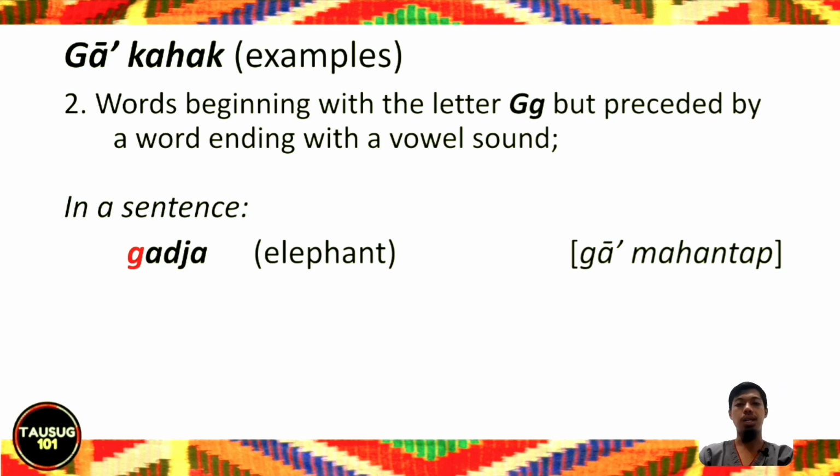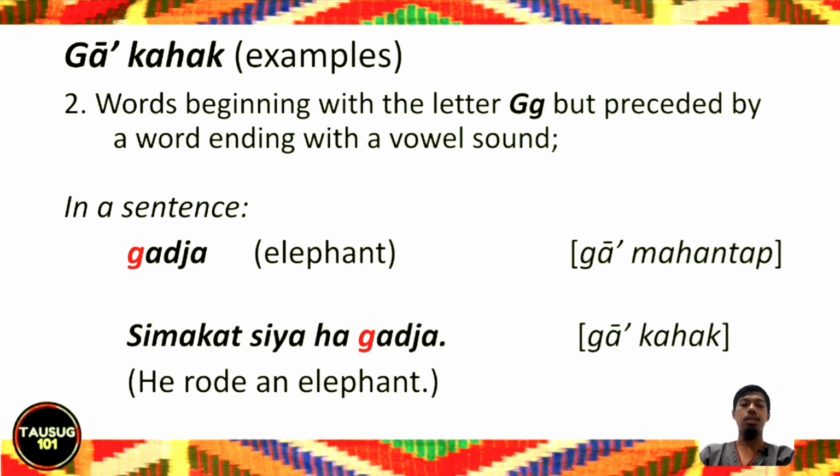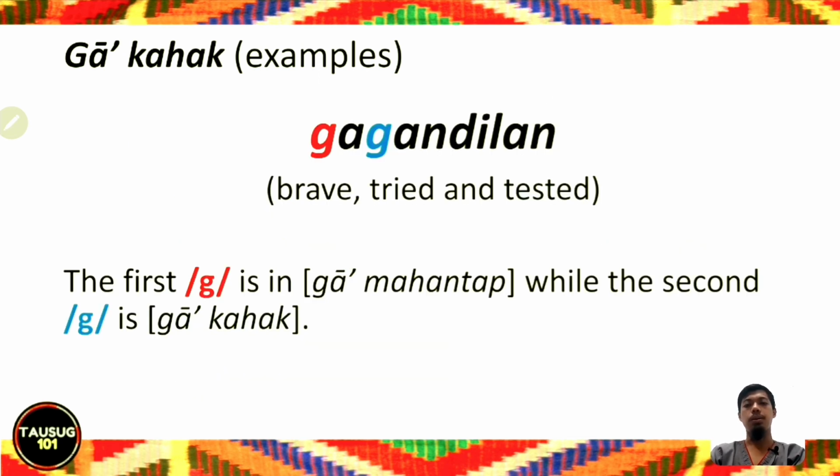But when used in a sentence and it is preceded by another word ending with a vowel sound, simakat siya hagadja. Now, the Ga here, although it's the same word, gadja to hagadja, now assumes the Gā Kahak sound because it is now in between two vowel sounds, ha and a in hagadja. He rode an elephant. Okay?